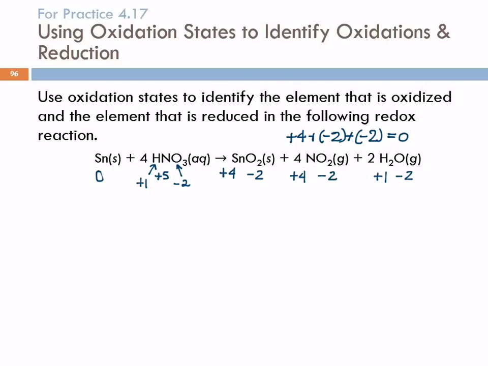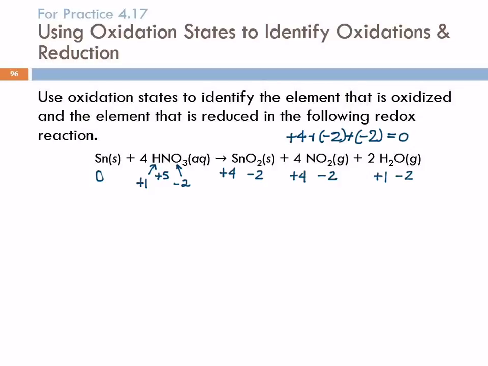The thing is, when we look at something like nitric acid, nitrogen dioxide, and water, we can't tell by looking at ionic charges if electrons have been lost or gained, because there are no ionic charges. They're not ionic compounds.